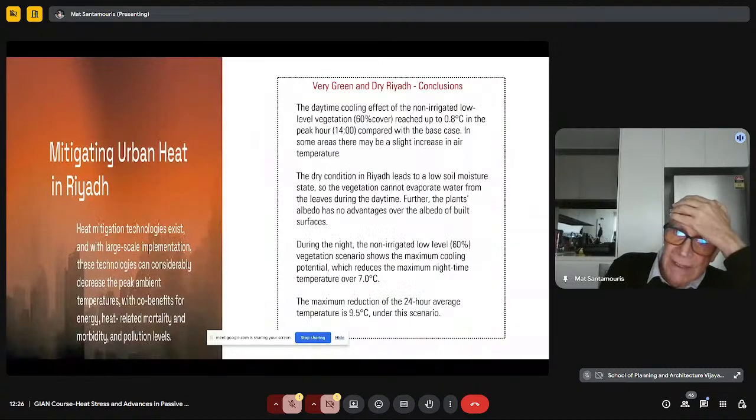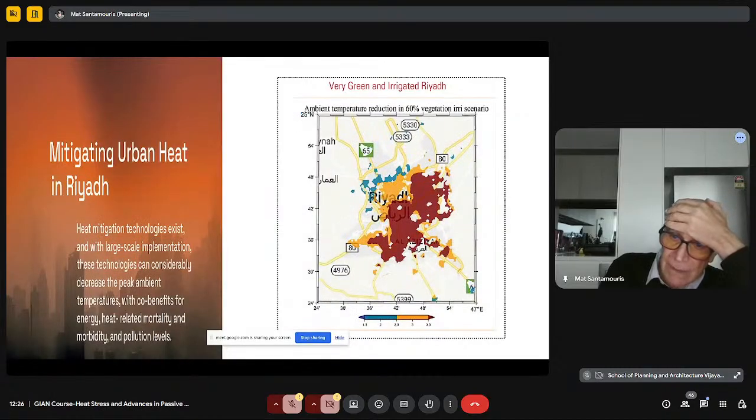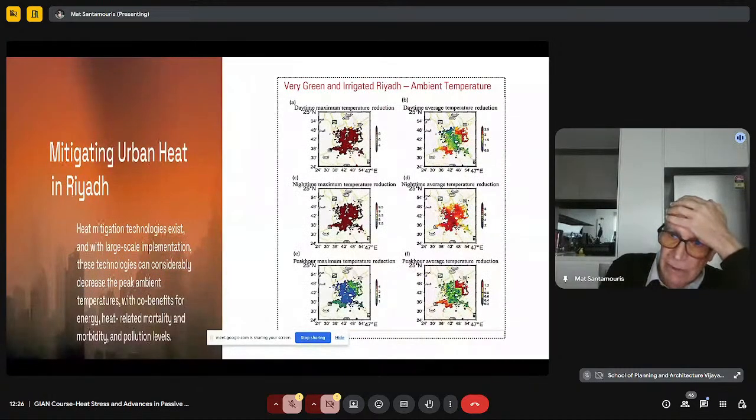But once the greenery is increasing, and at the same time it is irrigated, then the temperature reduction may be as high as 4 degrees and 3.5 degrees, as you can see there. So it seems that this is a wonderful mitigation strategy for these climatic conditions.